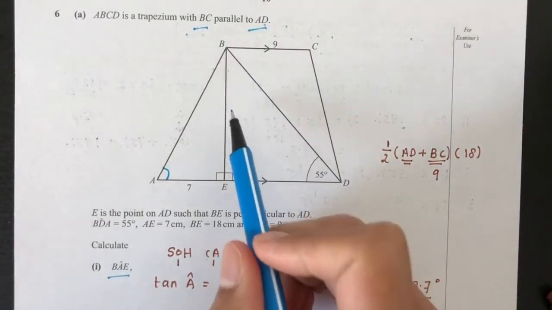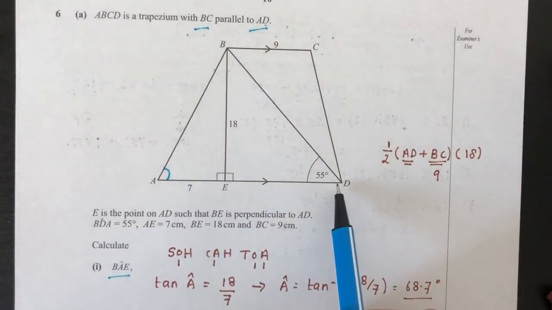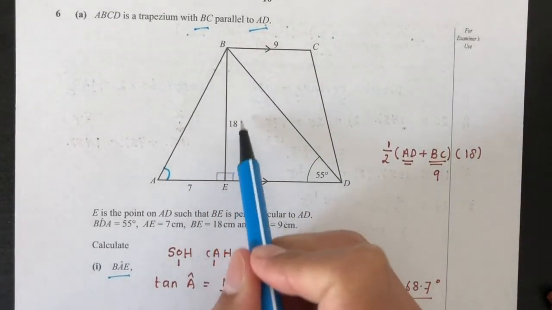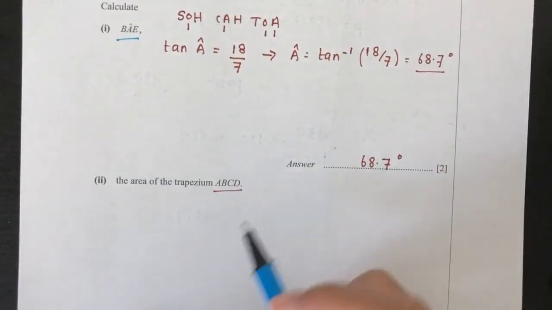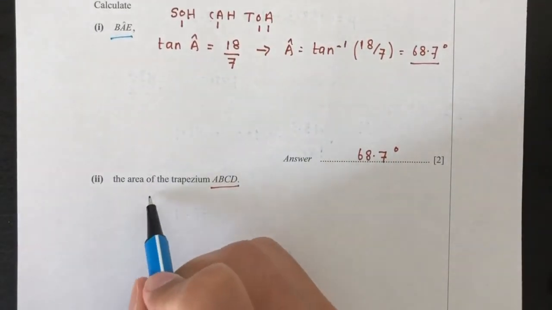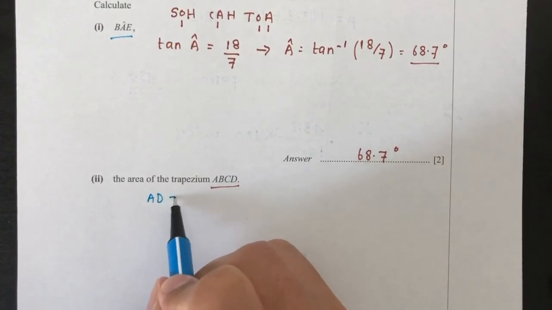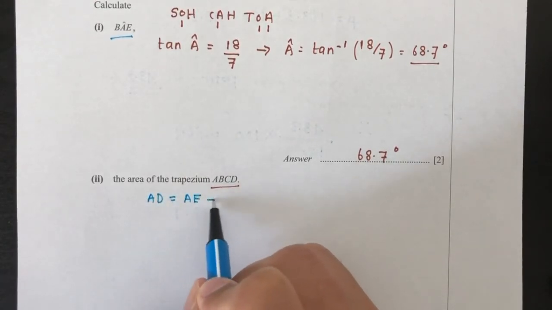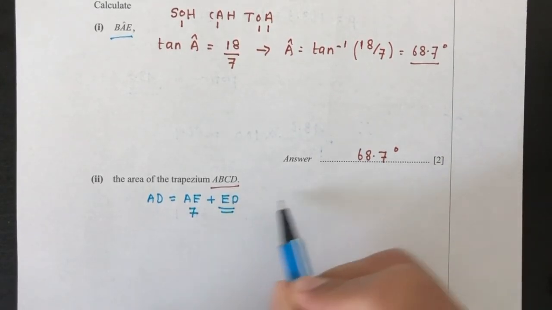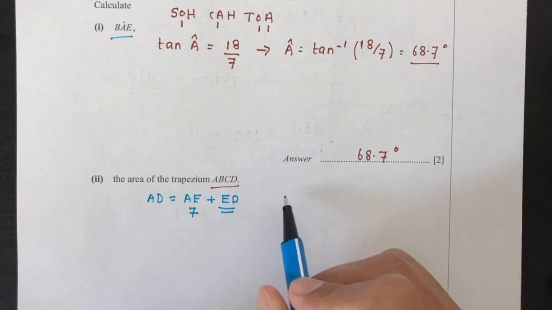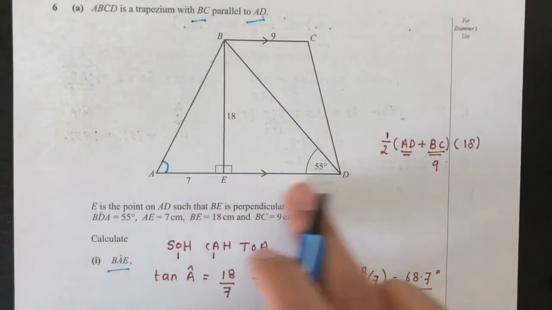Here we have BED as your right angle triangle. We know this side, we have to find this side. So again, we have to use SOHCAHTOA to find ED. So AD is equal to AE plus ED. AE is 7, so we have to find this one. If you observe, we have the opposite side, we have to find this. We have to use tan.